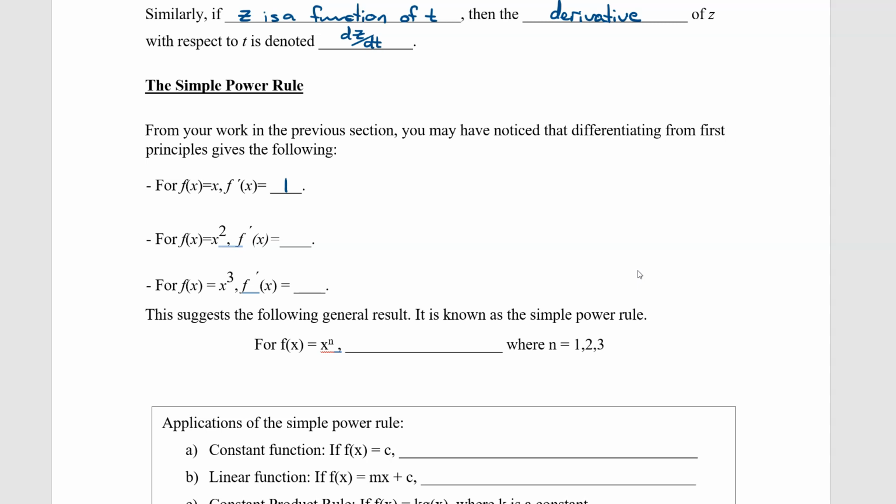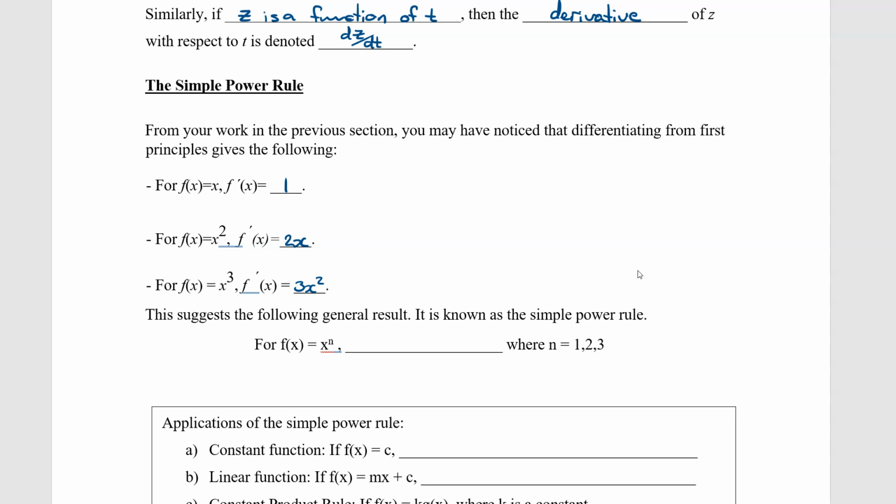Similarly, for a function f of x defined as x squared, you'd find that f dash of x is defined as 2x. And similarly, for a function defined as x cubed, the derivative is 3x squared.